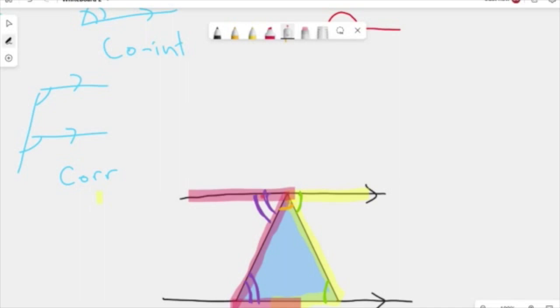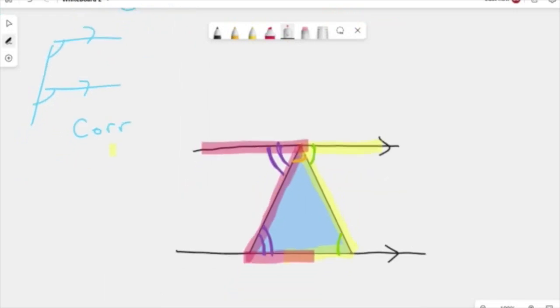Now, does that tell us that much though? Because this angle here is outside my triangle, this one here is outside my triangle, only this one's within it. But because of this alternate angle relationship we observed, we have this green angle within our triangle. We have this purple angle within our triangle as well. Hence, we can say that the angles inside a triangle sum up to 180 degrees.